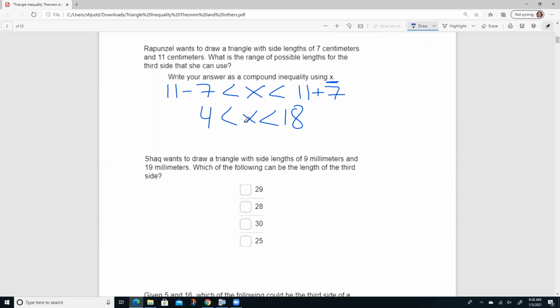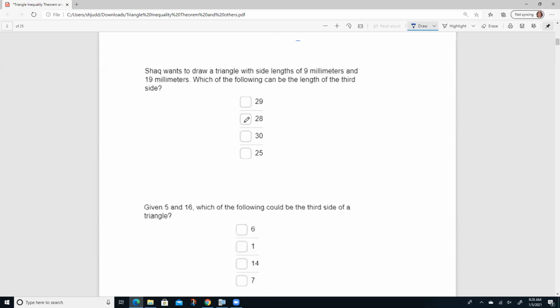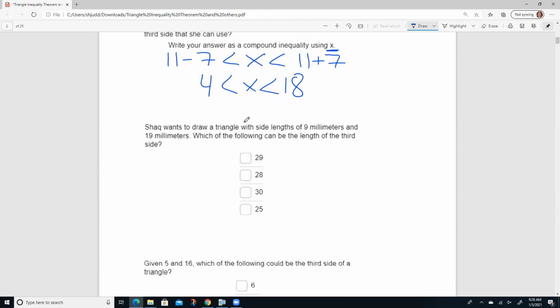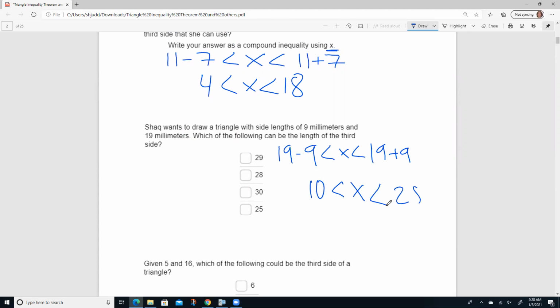Nice. Okay, Shaq wants to draw a triangle with side lengths 9 millimeters and 19 millimeters. Which of the following can be the length of the third side? Okay, we're going to do this exact same thing. We'll take 19 minus 9, less than X, less than 19 plus 9. 19 minus 9 is 10. 19 plus 9 is 28.